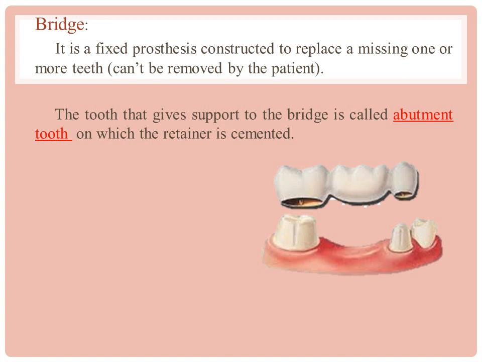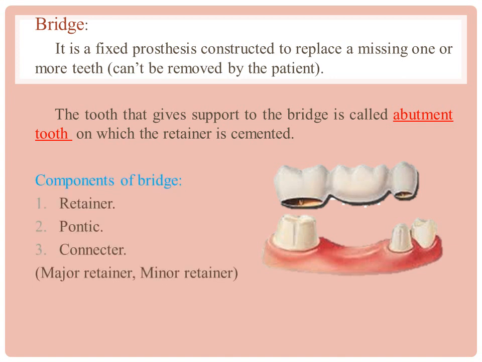The tooth that gives support to the bridge is called the abutment tooth, on which the retainer is cemented. The components of the bridge are retainer, pontic, and connector.